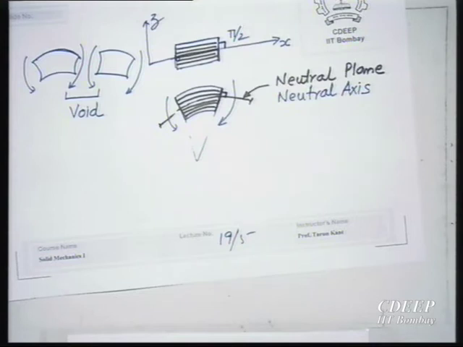Why should it be 90? Why should it not become inclined, more than 90 or less than 90?